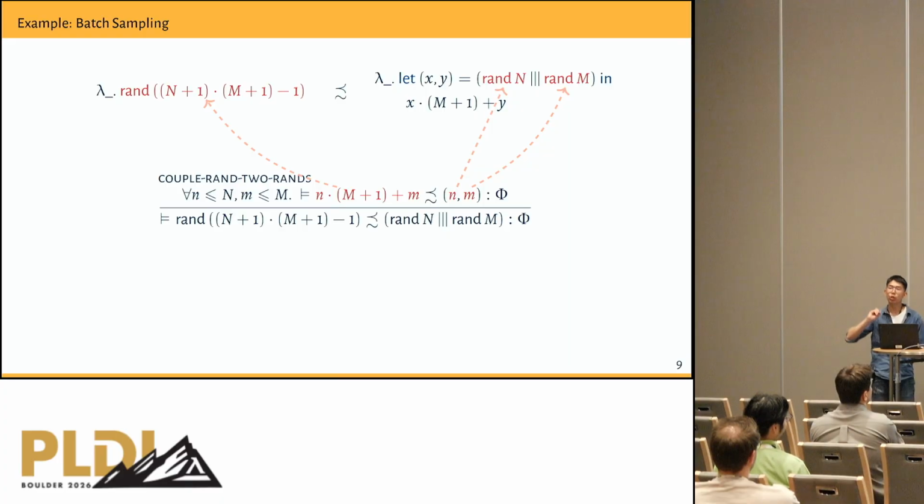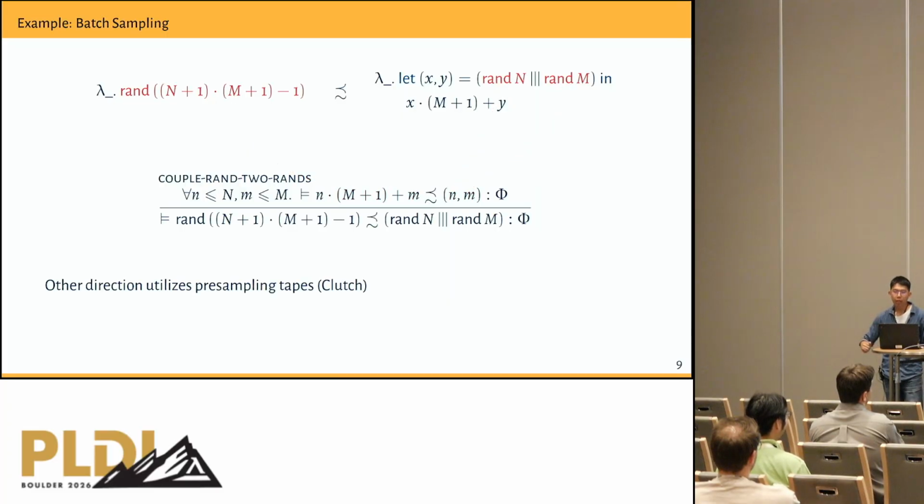And if you continue to symbolically execute, especially the right-hand side program, you can show that these programs eventually return the same number, and that concludes the refinement proof. Now, this is one direction of the refinement, and to prove the other direction, you use a similar reasoning principle, but in particular, you have to use presampling tapes, which were first introduced in the Clutch logic.